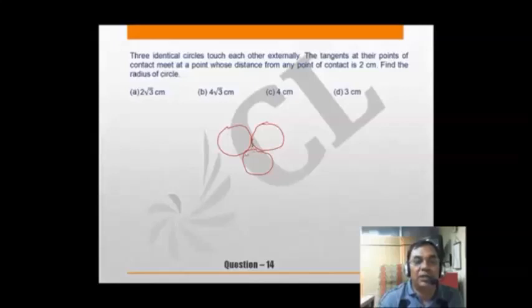Okay, that means this is the tangent. Okay, they meet here, it is 2 centimeter. This I know how to go about it. Its answer is 2 root 3. If you remember, we used to go about this.